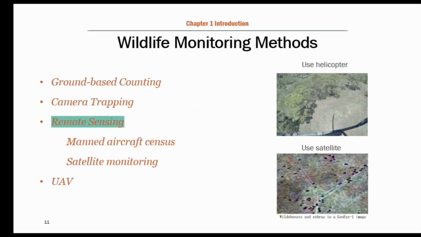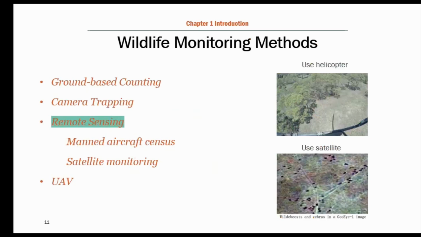Remote sensing technologies are also widely used, with helicopters and airplanes being employed to monitor wild animals. Compared to camera trapping and ground-based counting, remote sensing technologies can monitor much wider and larger areas.